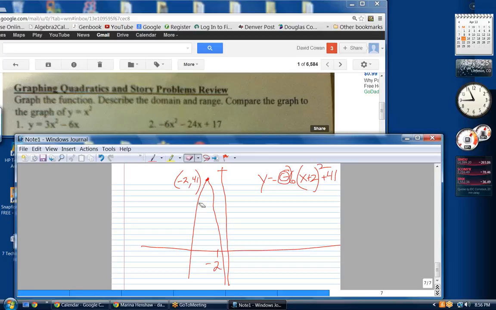So let's erase it again. I know the vertex is there. What's the easiest intercept to plot? Is it the y-intercept or the x-intercepts? Actually, the y. Why is that?